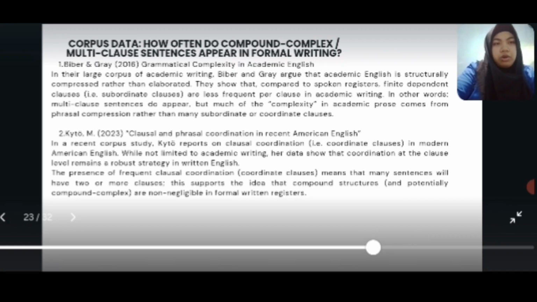Her data shows that coordination at the clause level remains a robust strategy in written English. The presence of frequent clausal coordination means that many sentences will have two or more clauses. This supports the idea that compound structure, and potentially compound complex, are non-negligible in formal written register.